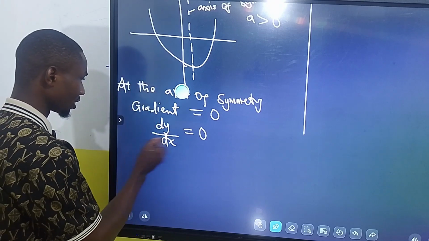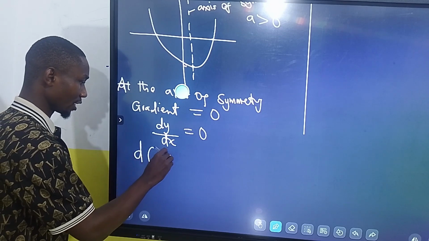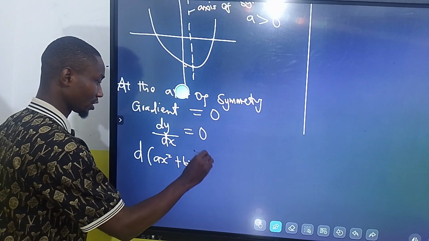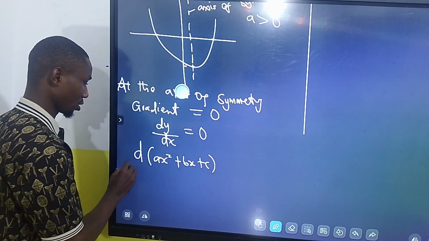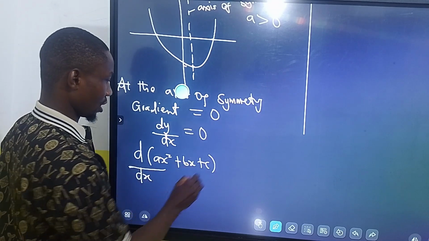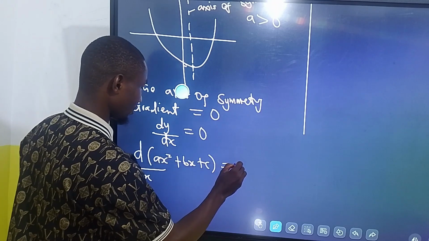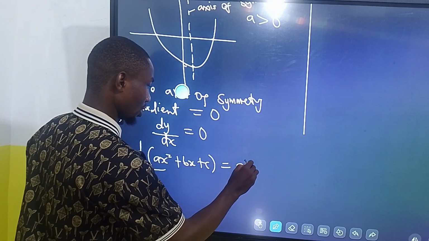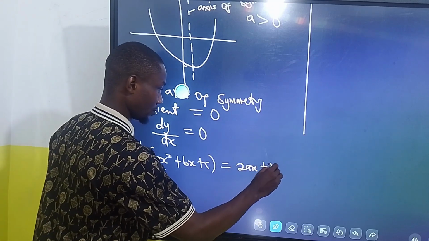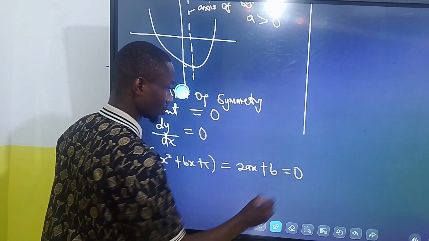Then I should differentiate. Our y is ax squared plus bx plus c, so I differentiate ax squared plus bx plus c with respect to x. What do we have? Differentiating this, we have 2ax plus b, and differentiating a constant I have 0, equal to 0.